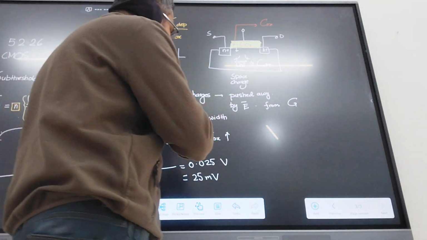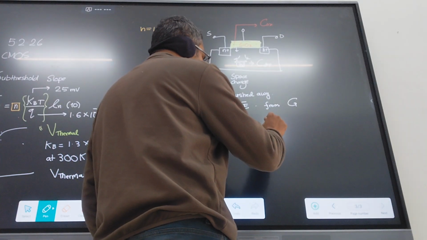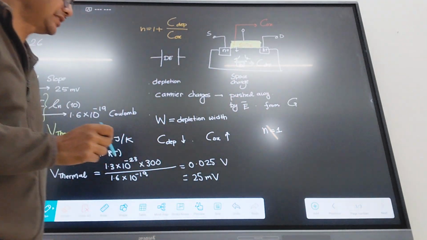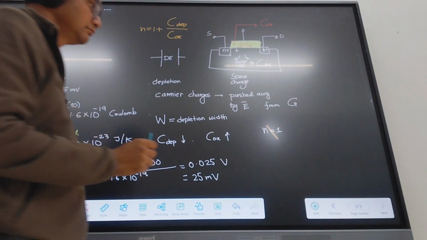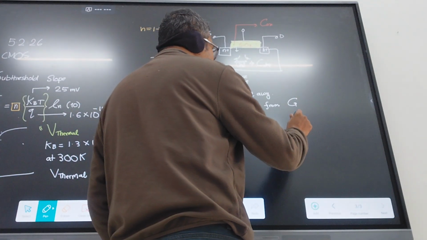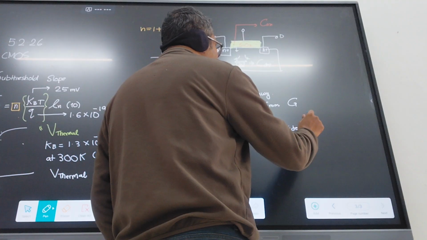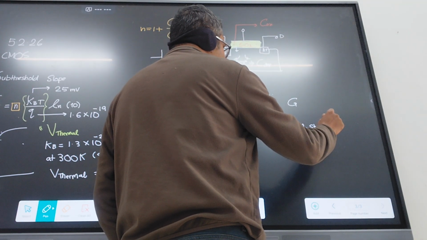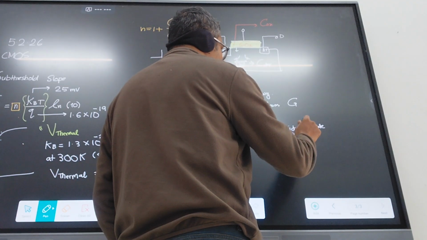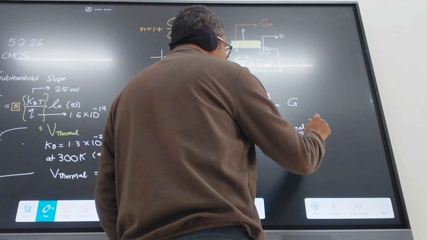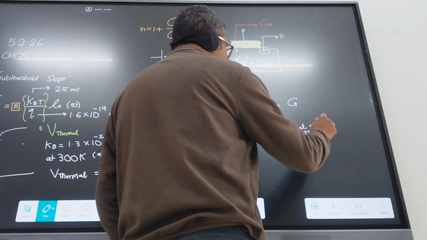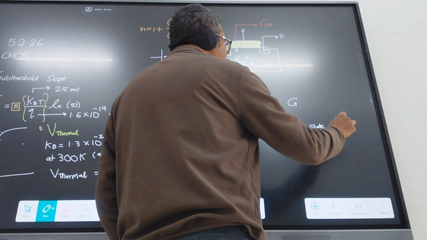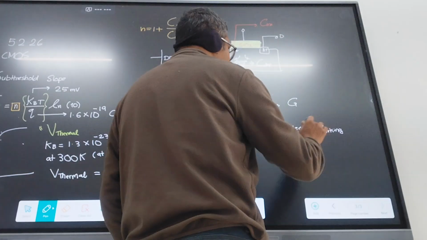Now, if that is the case, if n is equal to 1, that is the ideal state. This is the ideal state, meaning the MOSFET is working perfectly.